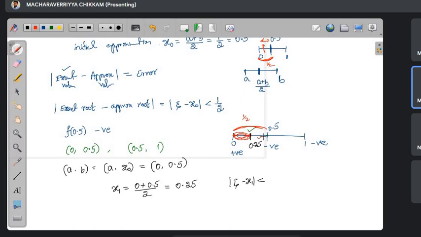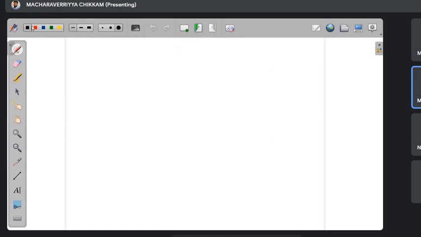Either you calculate this length or this length, both are the same, no? So this length is actually 1/4. Therefore, the distance between the exact root and the approximated root is less than 1/4, or you can write it as half of 1/2, which is 1/2 square.